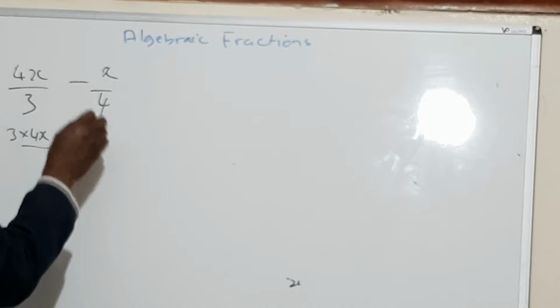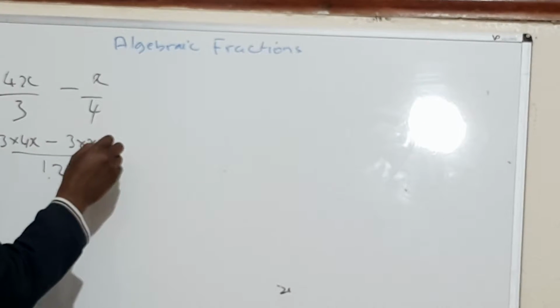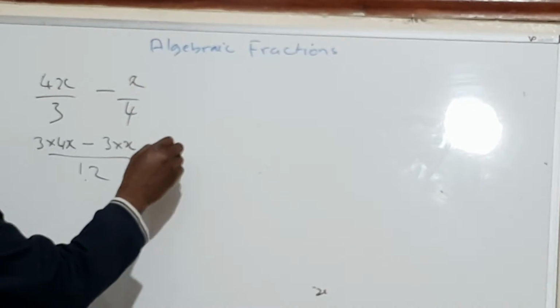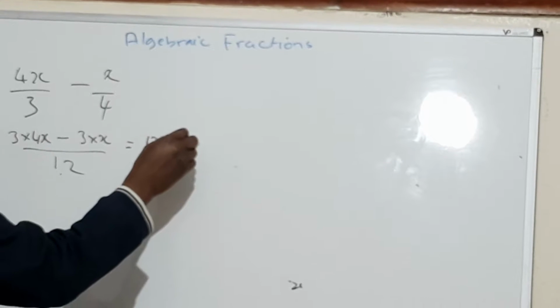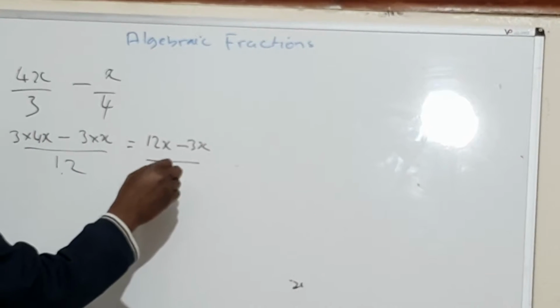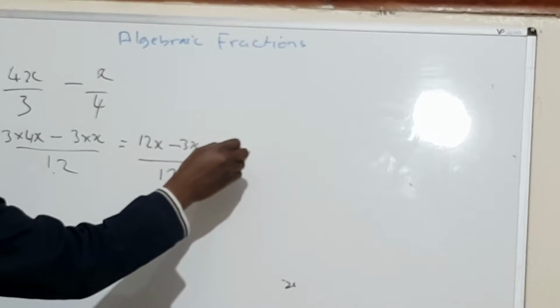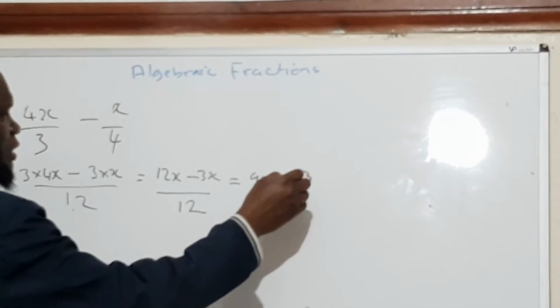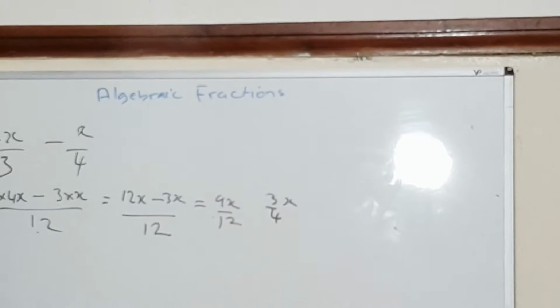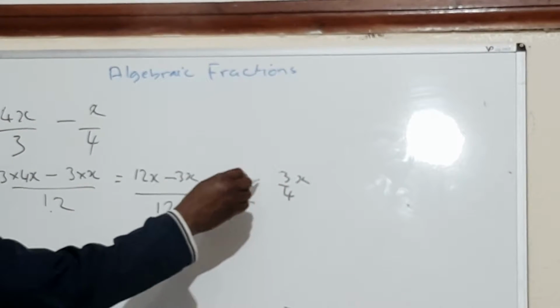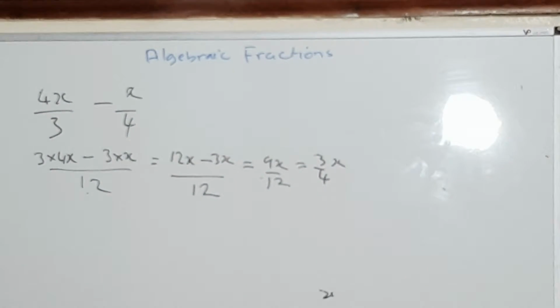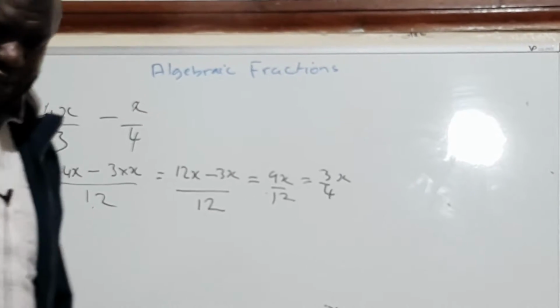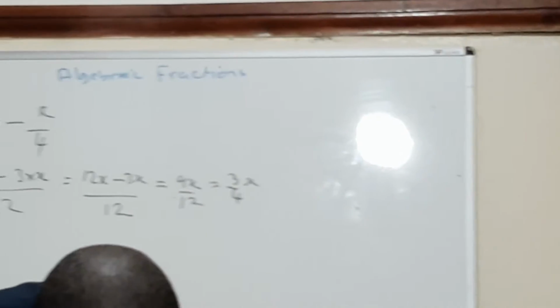So that is equal to 12x minus 3x all over 12, which is 9x over 12. So basically that is 3x over 4. How do I get 3x over 4? Simplification, okay?